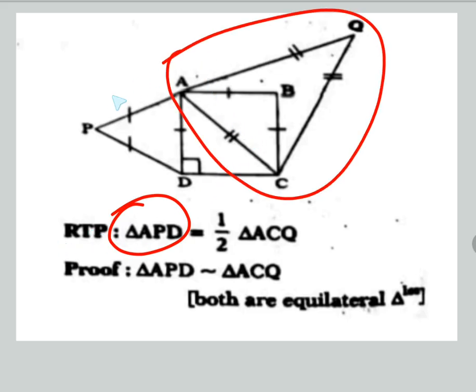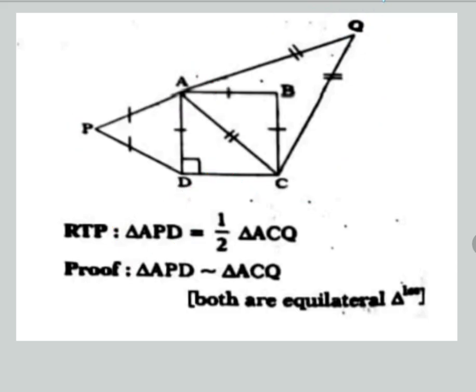APD and ACQ are similar triangles. Then the ratio of the areas of APD and ACQ is the ratio of the squares of their corresponding sides. What are the corresponding sides? For APD it is AD and for ACQ it is AC.